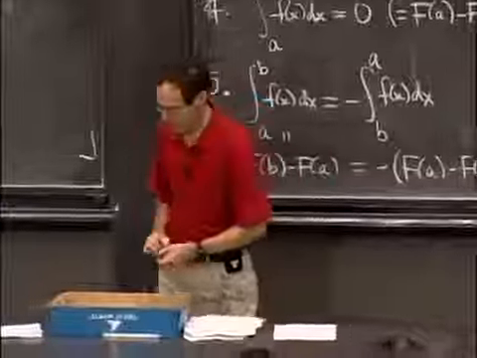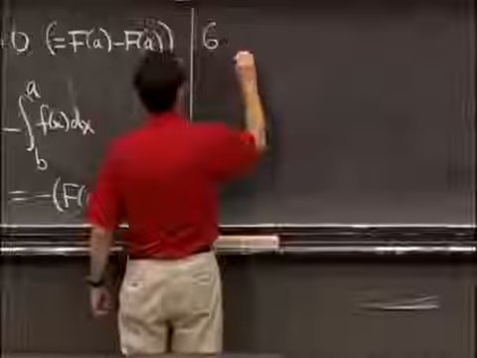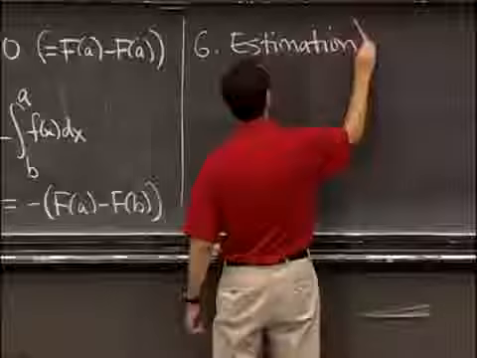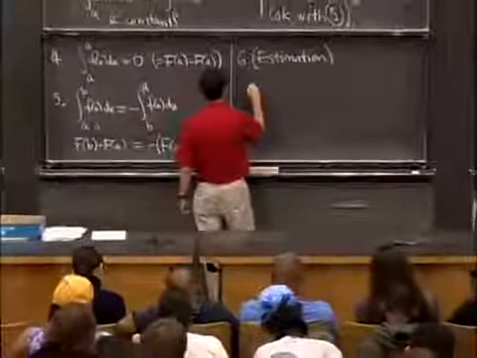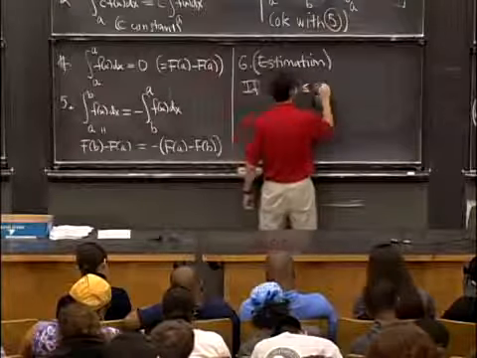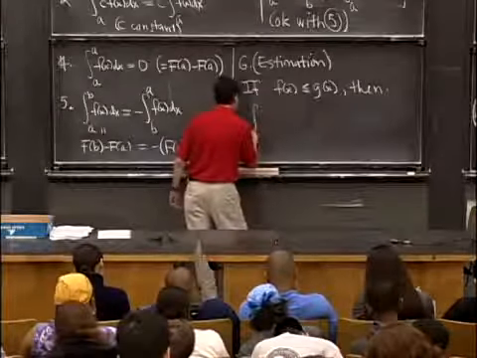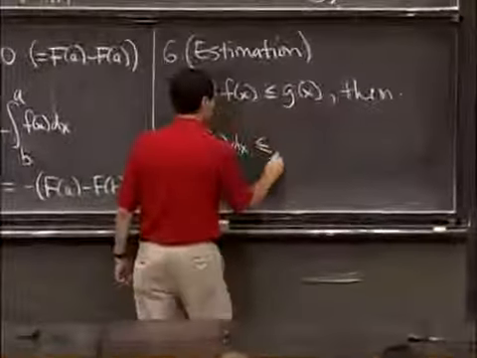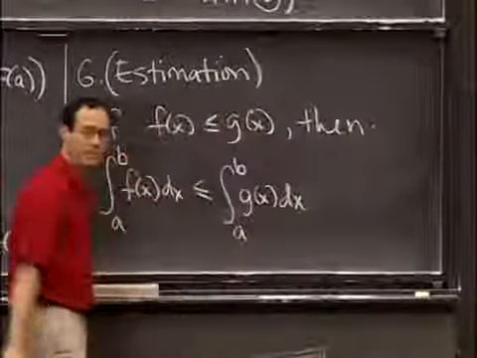And now I have a 6th property that I want to talk about. This one is called estimation. And it says the following: if f of x is less than or equal to g of x, then the integral from a to b of f of x dx is less than or equal to the integral from a to b of g of x dx.